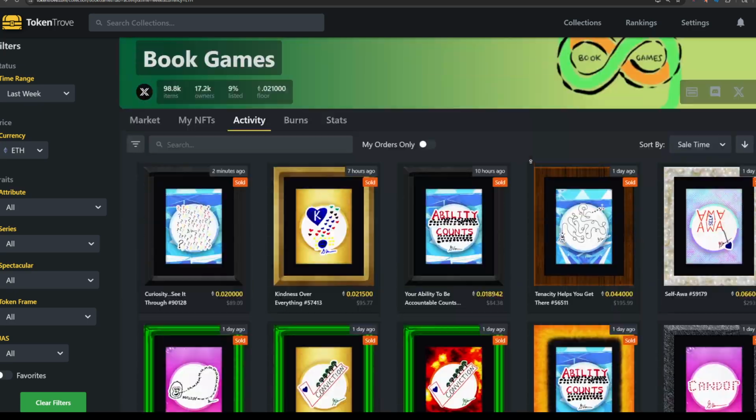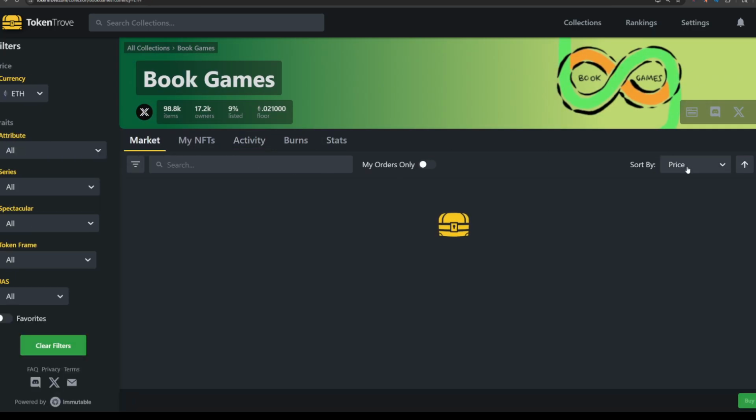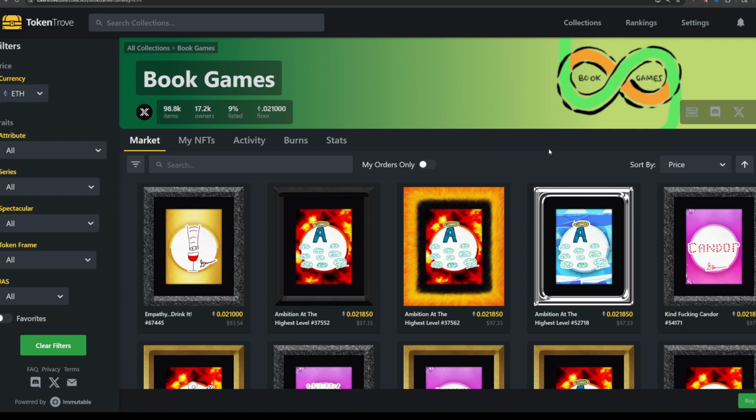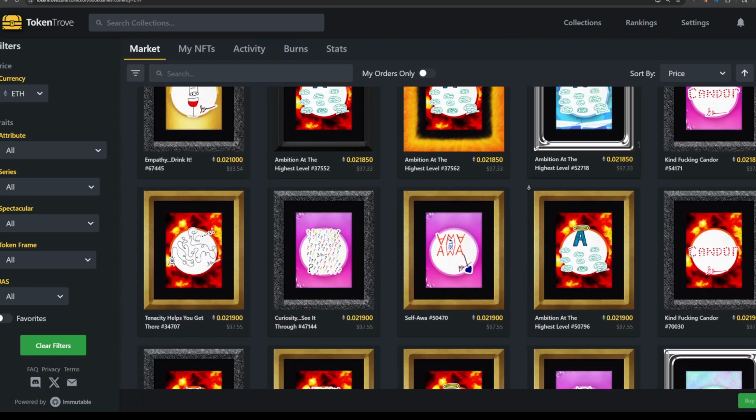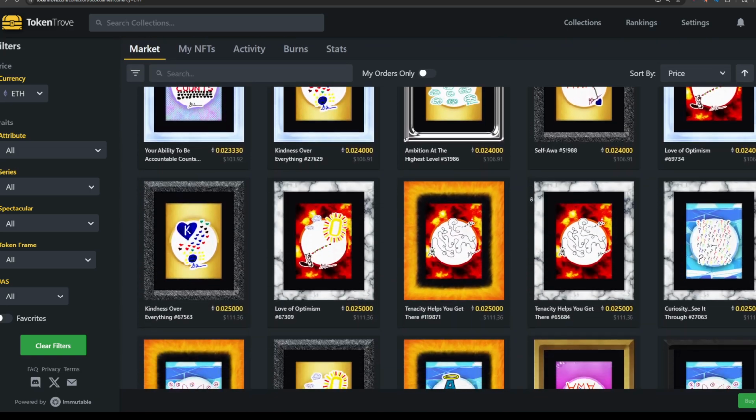And then we check out the floor price just to see, based on how much capital you have to work with, where you can find your next gem in terms of hidden gems already within the order book.